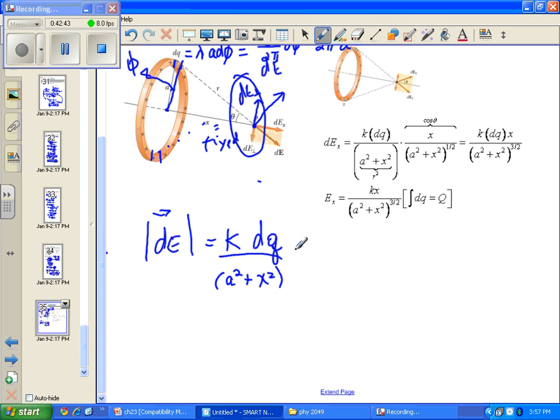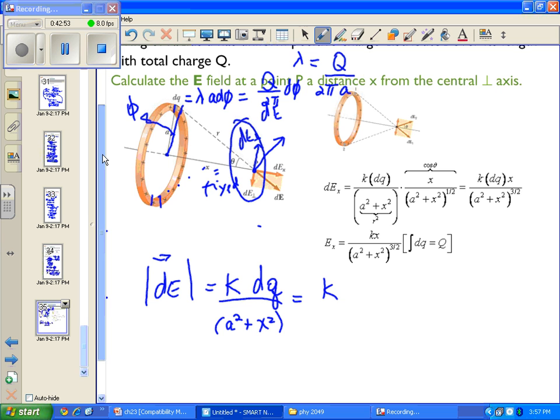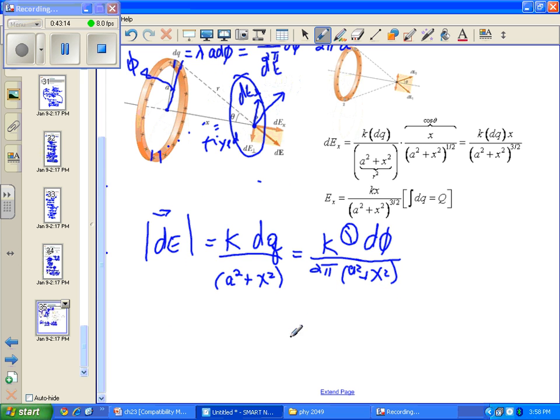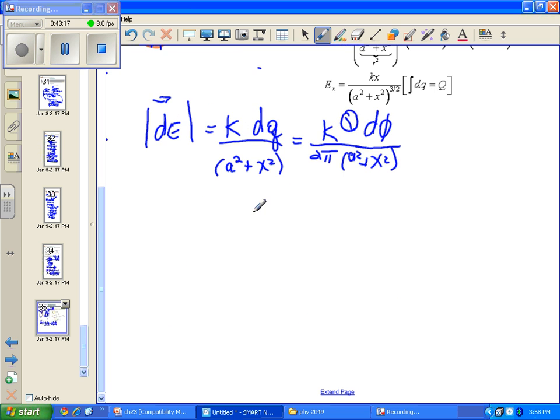Make our substitution for dq, and that gives us k times, let's see, what did we have? It's going to be Q over 2 pi, and we've got a d phi here, and then we've got a squared plus x squared here. Now, once again, we only have a dEx component. We don't need to worry about dEy because that's not going to exist.